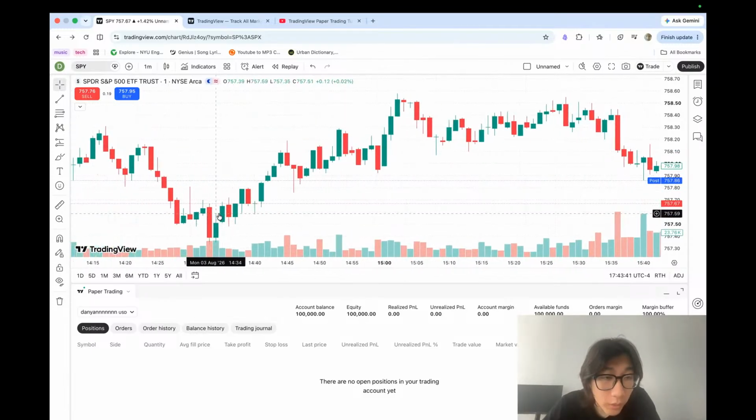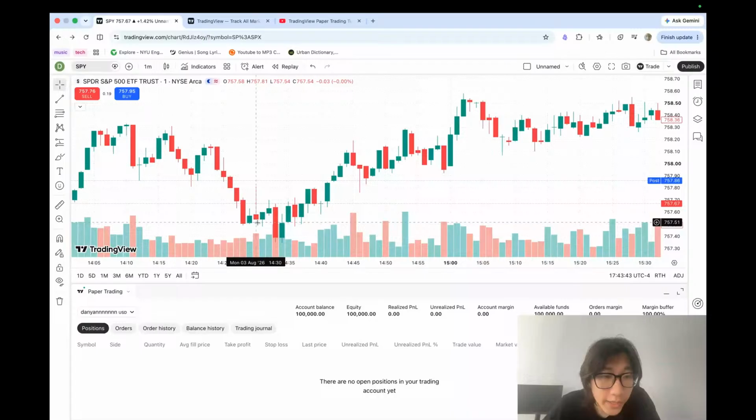Okay, another one. Starting point, ending point. It's really, really high price, but it refused to. It's getting really low. Even though there's no wick at this point, it's really, really low. Okay, kind of good.